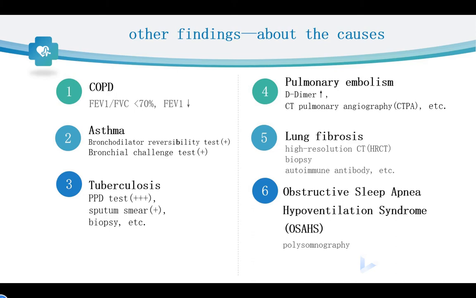Once the patient is considered to have cor pulmonale, we need to pay attention to the primary pulmonary or thoracic disease. In this condition, we need to arrange some necessary examinations for this primary disease according to the symptoms and signs. And that's the auxiliary examinations for these patients.